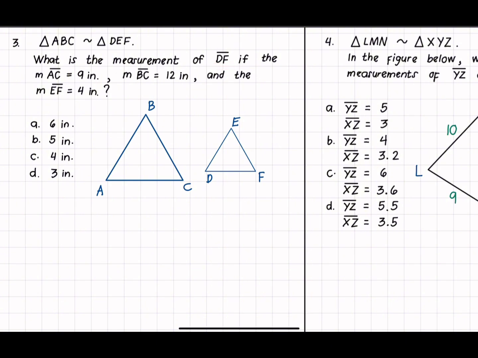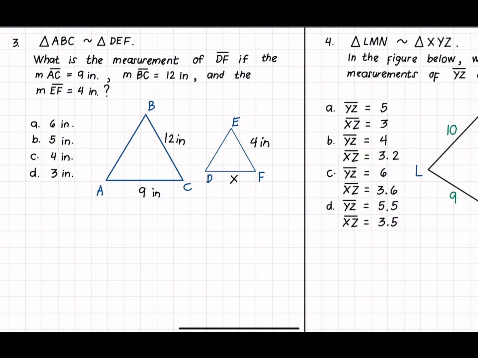Let's say DF is X, and then the given is that the measure of AC is 9 inches, the measure of BC is 12 inches, and the measure of EF is 4 inches.